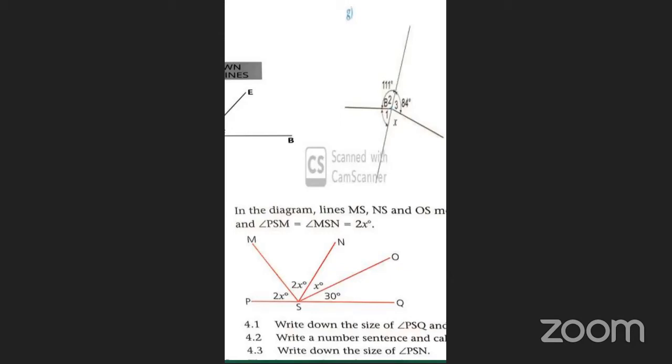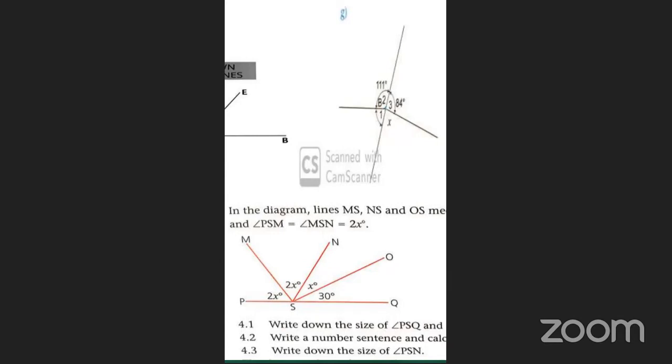PSQ. Yes. So our PSQ will be 180 degrees, right? So number 4.1 will be 180 degrees. That's our 4.1.